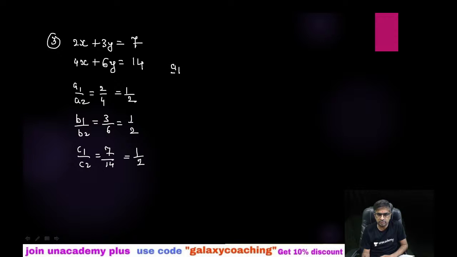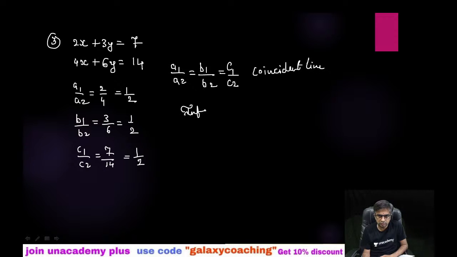So A1 upon A2 equals B1 upon B2 equals C1 upon C2. Everything is equal, so infinitely many solutions, coincident lines. Right guys, is it clear?